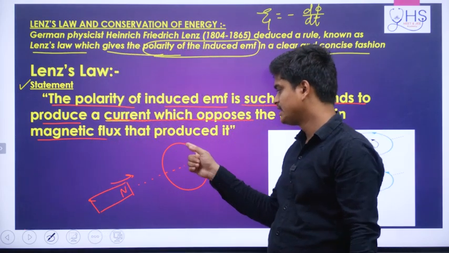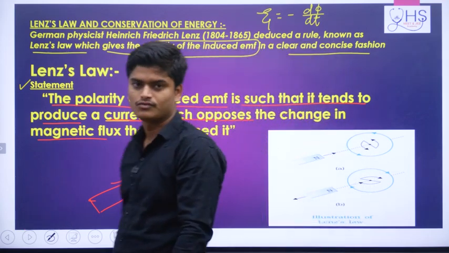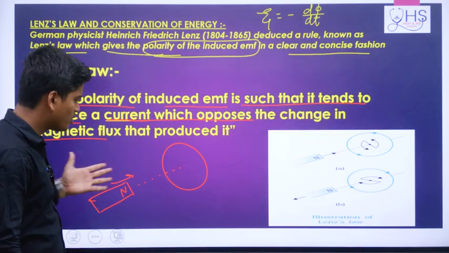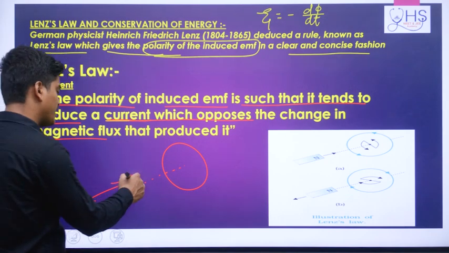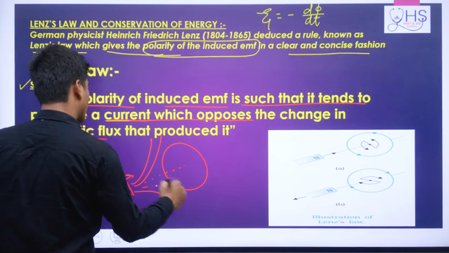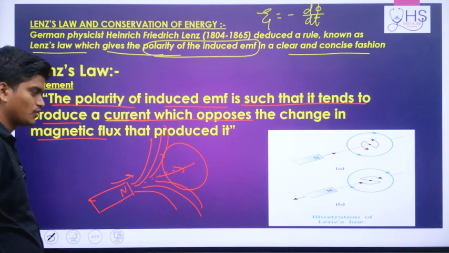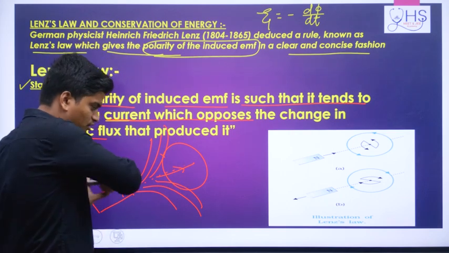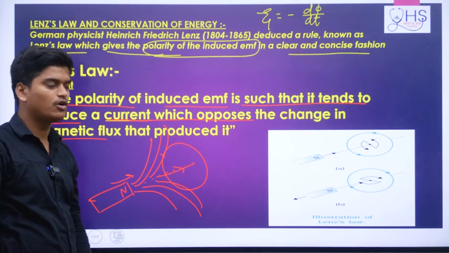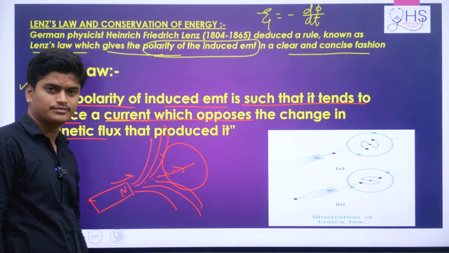Now when the north pole comes, what will happen? In this coil, more magnetic field lines will pass, because from the north pole the magnetic field lines are coming out. When it comes close to this coil, more lines will pass through the coil. That means there is an increase in magnetic flux.